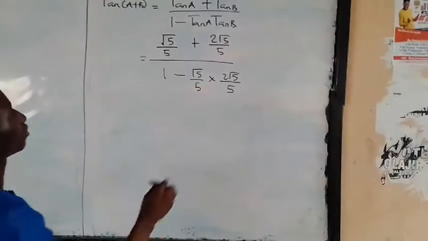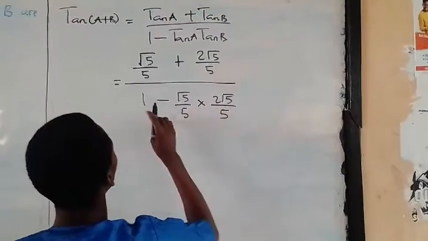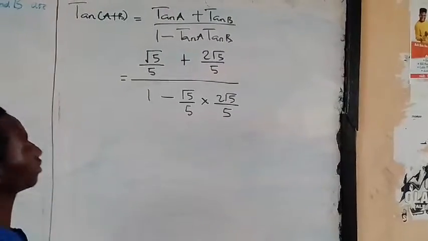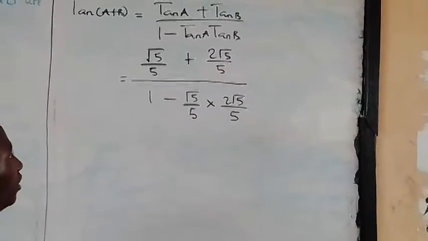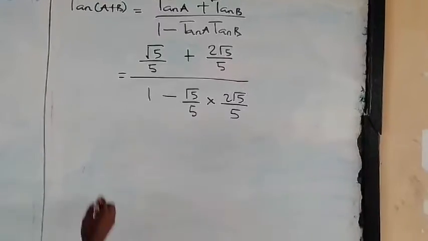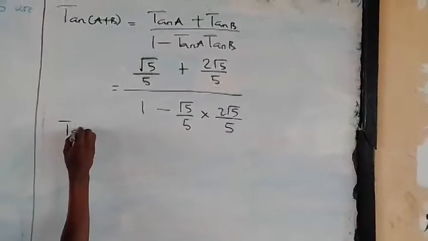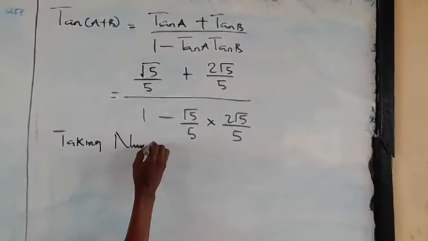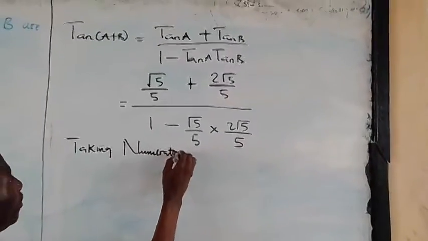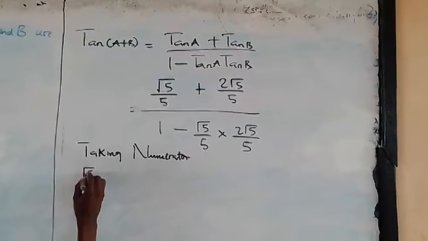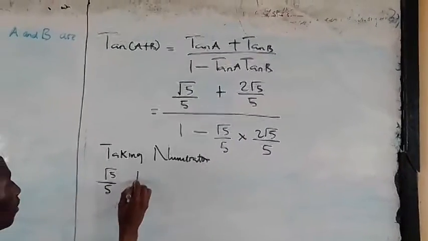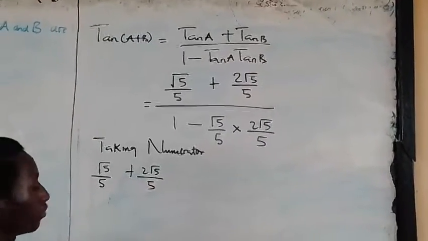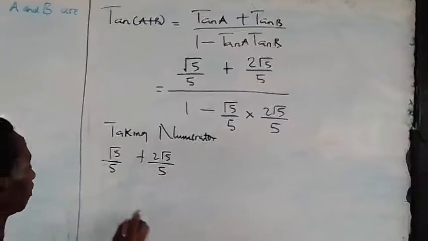So without making any mistake, you solve your numerator separately, then we solve our denominator separately. Taking the numerator, we have root 5 all over 5 plus 2 root 5 all over 5. You find the LCM.